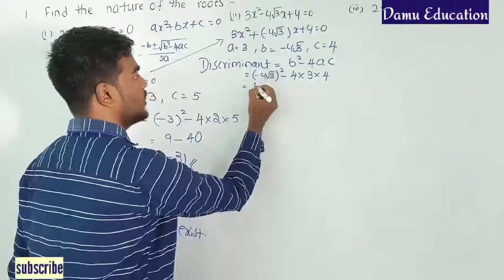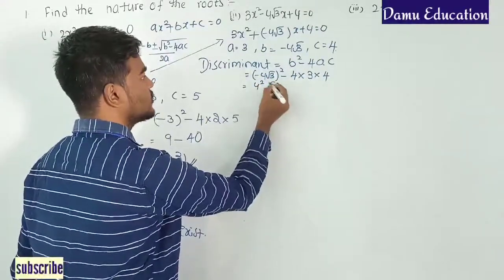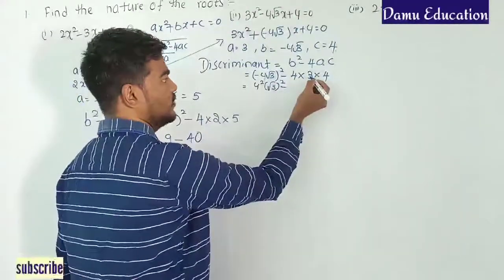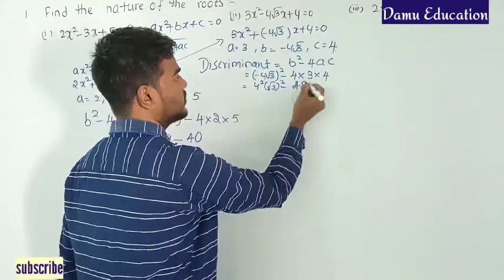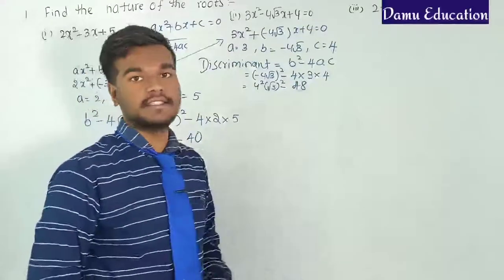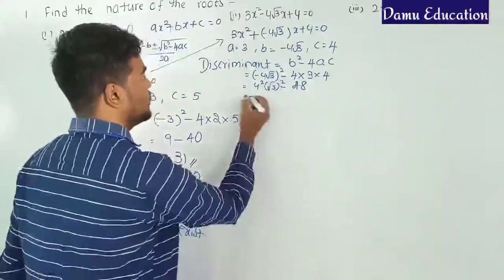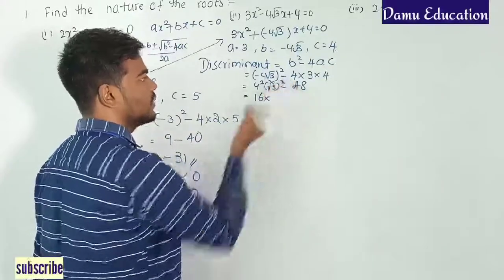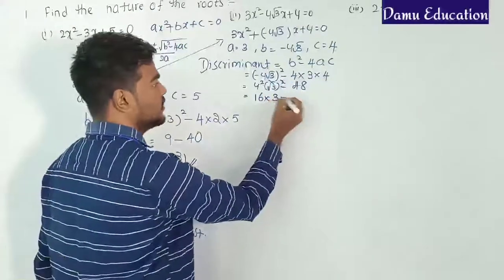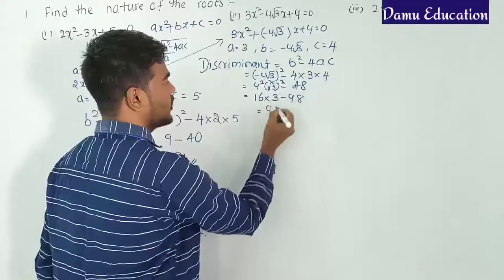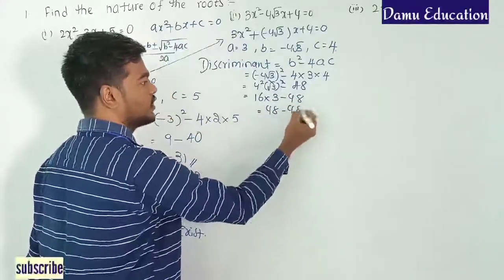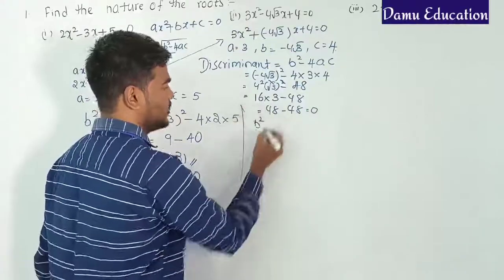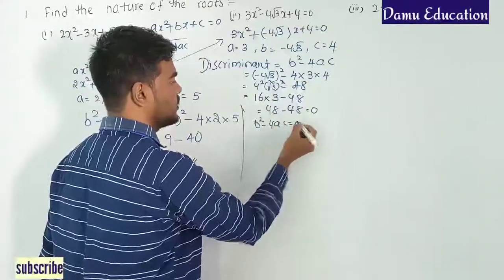So 4 square root 3 whole square: 4 4s are 16, and the square root and square cancel, leaving 3, so 16 3s are 48. Minus 48 will be equal to 0. So b square minus 4ac is equal to 0.